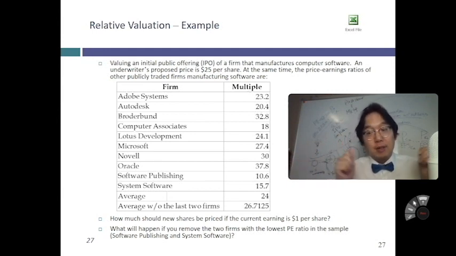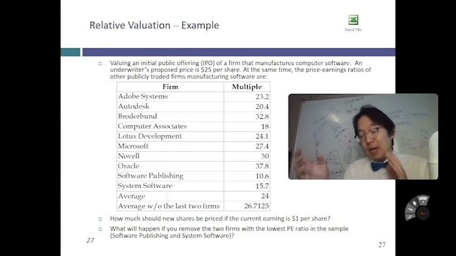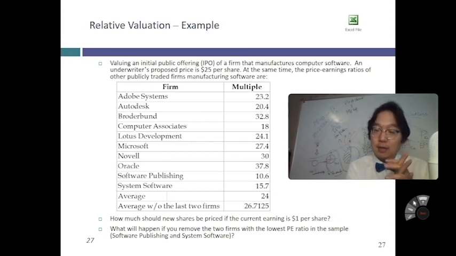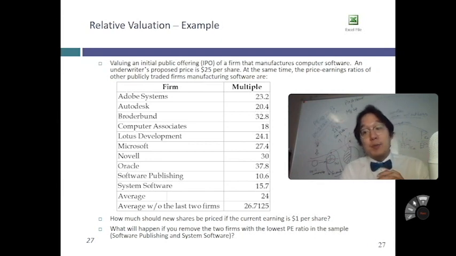Instead of the higher ones, we drop the bottom ones. Perhaps because this is a tech industry, people tend to estimate the PE ratio higher. So 37 point something is not such an outlier, but 10 times or 15 times is indeed an outlier. So we take out those bottom two.